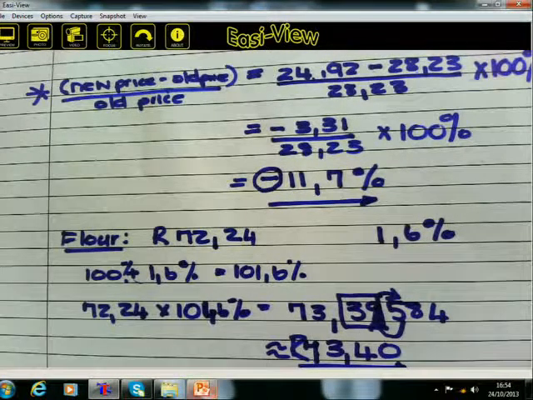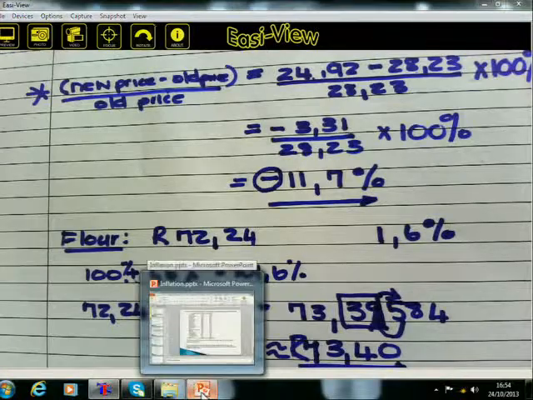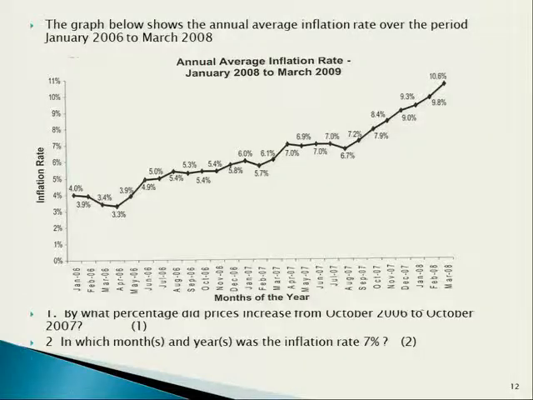Right, we continue now with the next one. Here is an example of a graph again. Remember, paper 2 likes to ask questions on interpreting data. And here is once again the annual inflation rate. I want to emphasize this, the annual average inflation rate from January 2008 to March 2009.